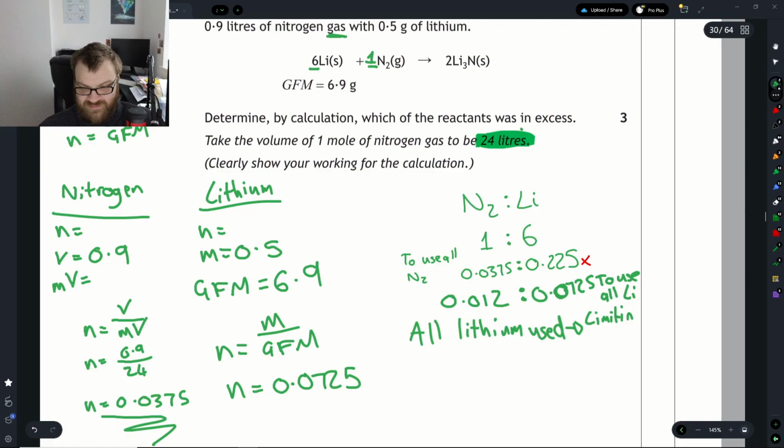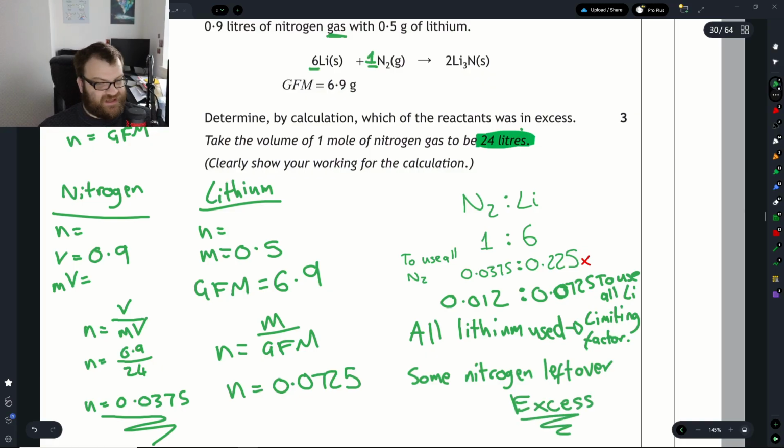If we add more of it, we can make more of our products. Is some nitrogen left over? That leftover means it's our excess one. So our nitrogen is in excess.